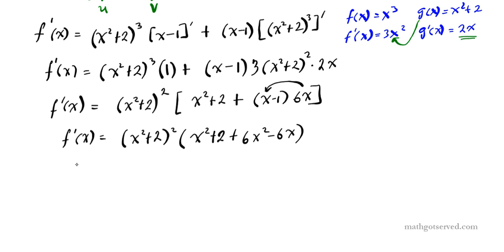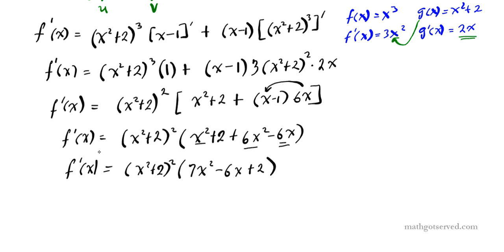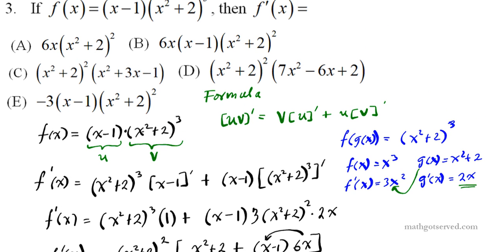So your derivative, f prime of x, is (x squared plus 2) quantity squared times 7x squared, let me combine these two, minus 6x plus 2. That's your derivative. The correct answer is option letter B.